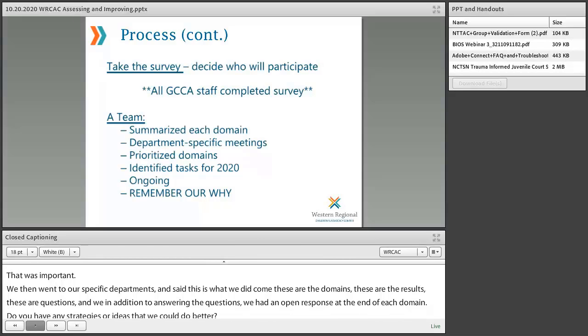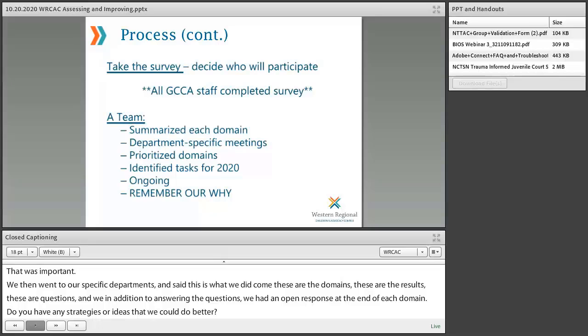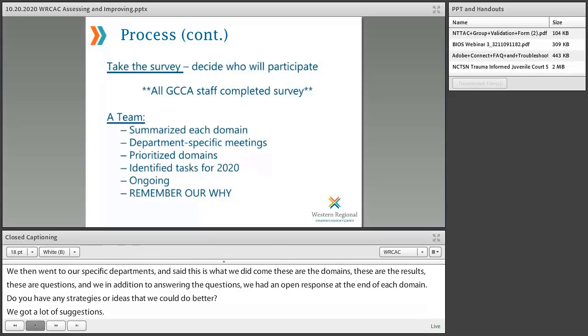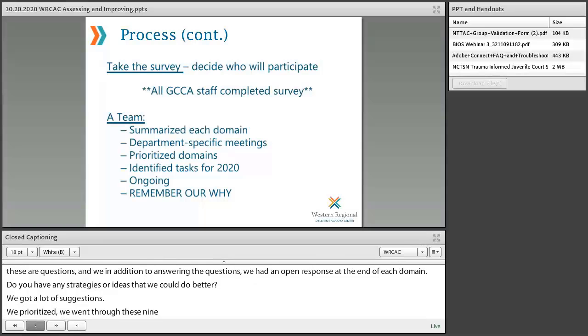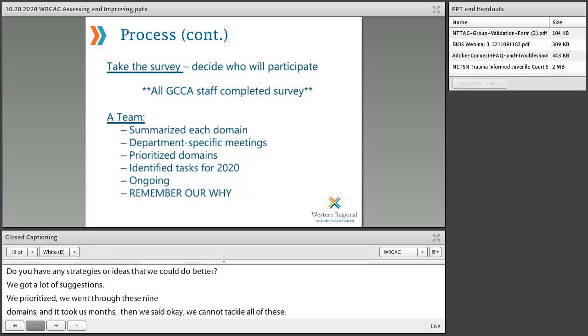And then what we did was we prioritized. We've gone through these 9 domains, and that took months, truly months, to go through all that information. And then we prioritized, and we're like, okay, we can't tackle all 9 of these at once. Where do we want to start? And so for us, as an organization, our A team decided we wanted to start with the 2 domains of workforce development and secondary traumatic stress.